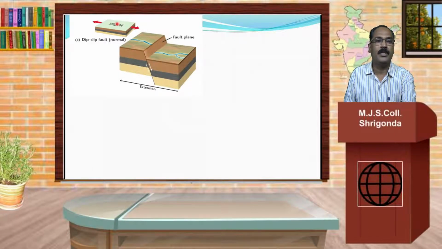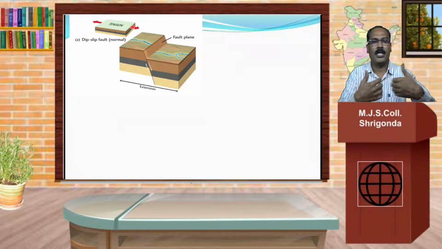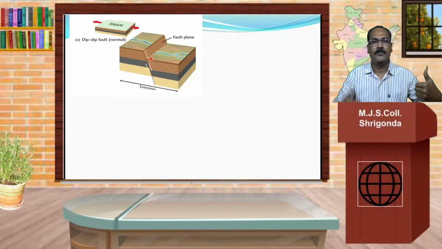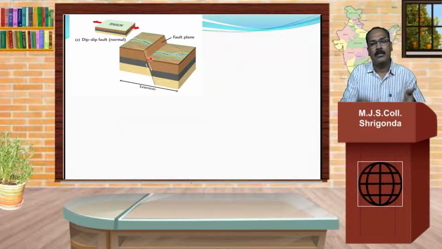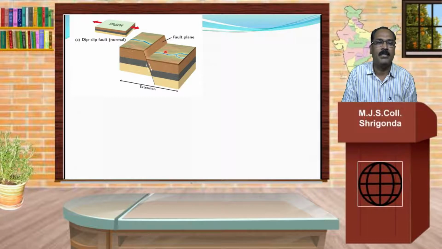Here is the tension. Tension means extension in these rocks here and here. And where the faults cut, there is the fault plane. This part is the fault plane.